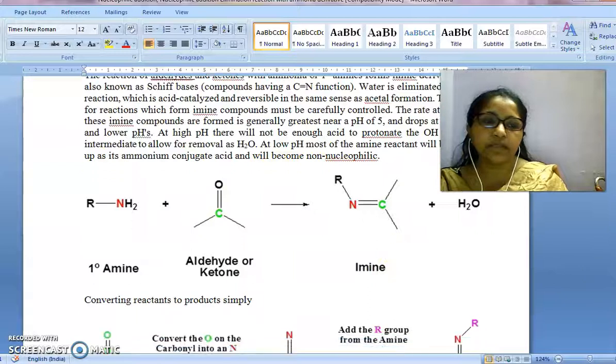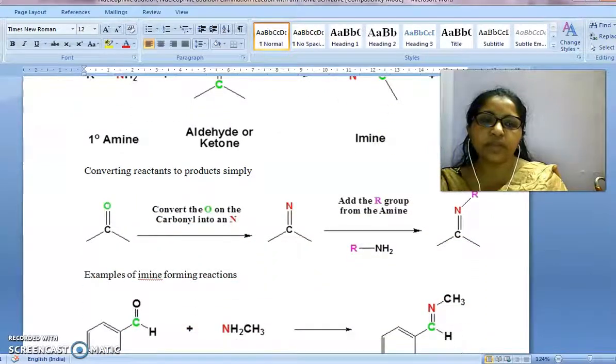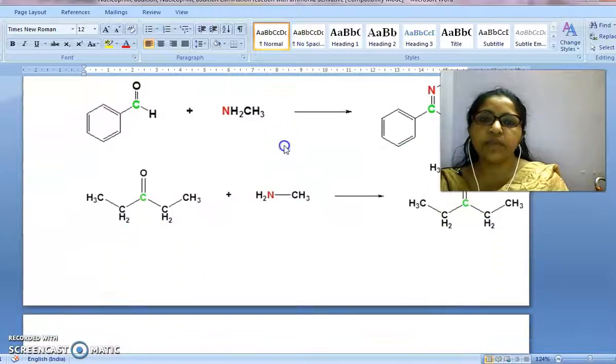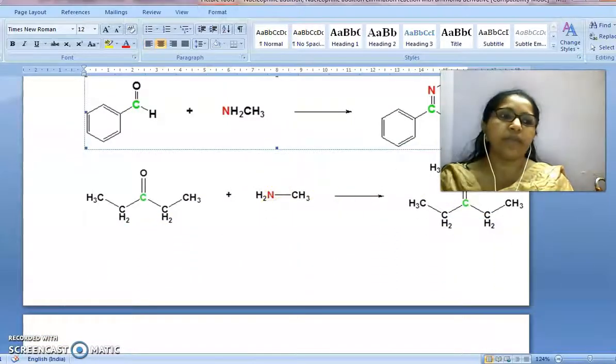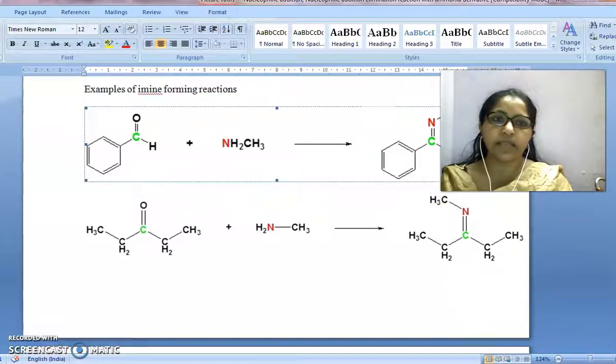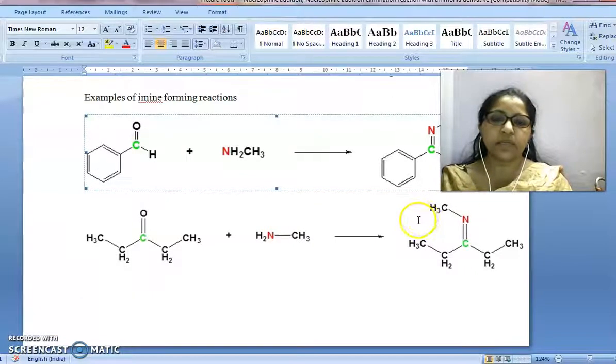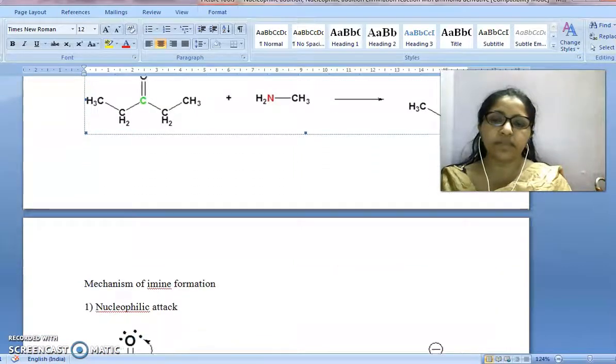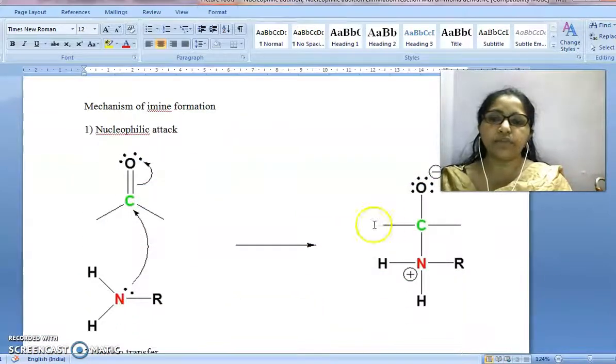Let us show you this mechanism. So this will be an assignment. Please show the mechanism of this reaction. Similarly, this will be an assignment. There are several assignments here, and I have shown the mechanism of only one reaction.